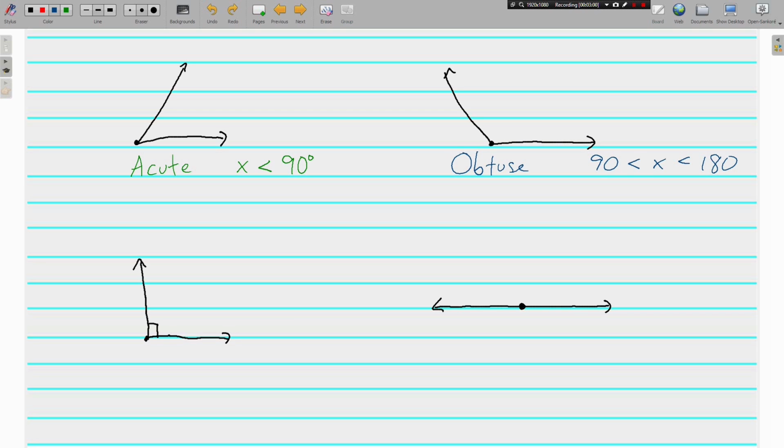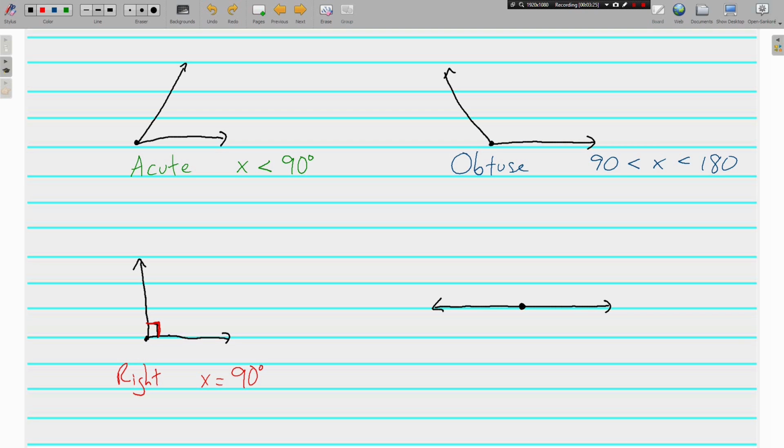That's obtuse. And I did not draw this one very straight, but I did put this nice pretty box down here in the corner. When you see that box, you know we are talking about a right angle. Right angles have a 90-degree angle in them.